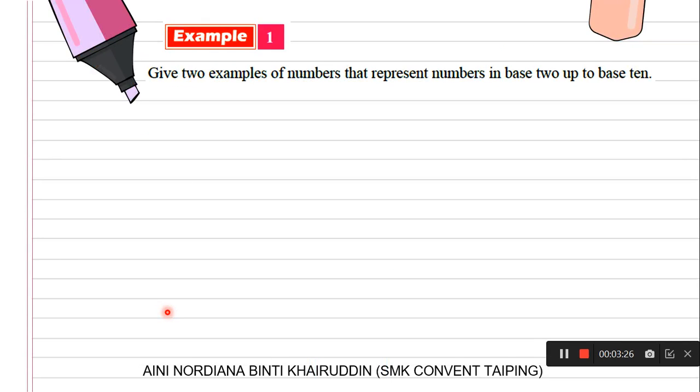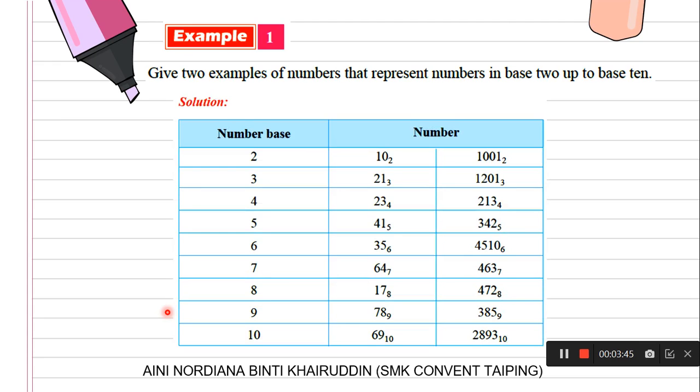So have a look at this example 1. Give 2 examples of numbers that represent numbers in base 2 up to base 10. So as I mentioned earlier, base 2 consists only of digits 0 and 1. Alright, so this is all the examples of numbers in base 2. As you can see, numbers in base 2 only consist of digits 0 and 1.